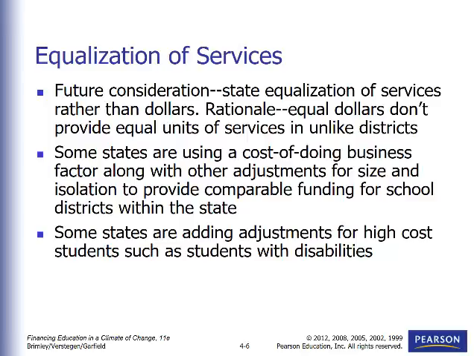Okay. Some states are using a cost of doing business factor. We don't use that in Oklahoma. With other adjustments for size and isolation to provide comparable funding for school districts within a state. We obviously do use isolation and density factors in the state.